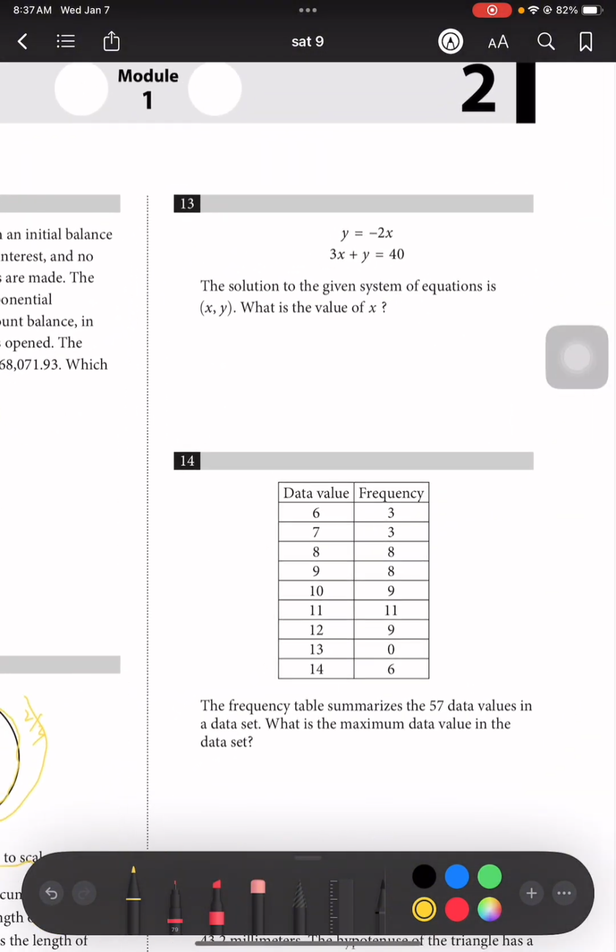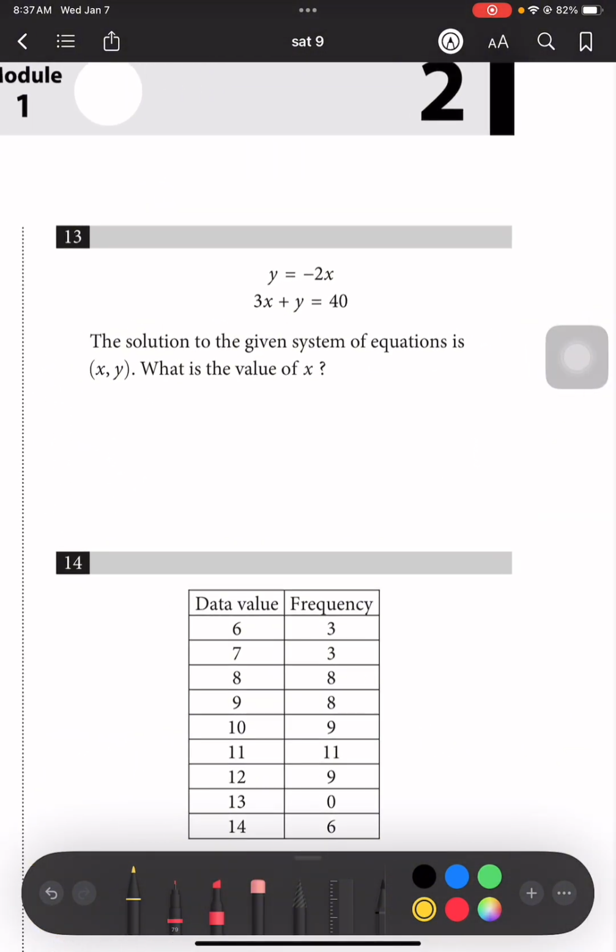The solution to the given system of equations is, what is the value of x? Substitute. Whenever you're stuck, use substitution. So let's get rid of y.